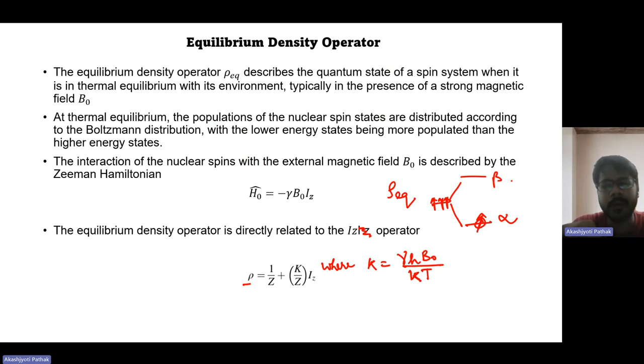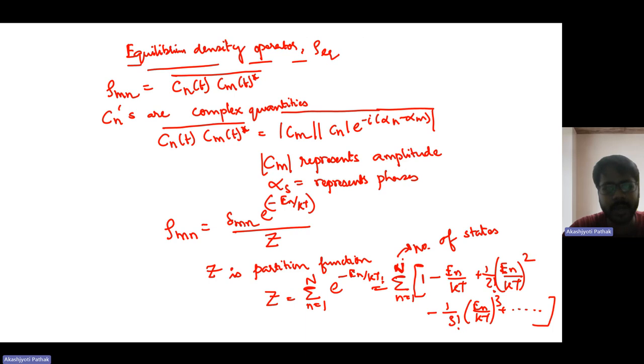And then we looked into the equilibrium density operator. We saw that this equilibrium density operator is directly proportional to Iz. In the equilibrium condition, the magnetization remains along the z direction, which is why this rho is related to the Iz operator.